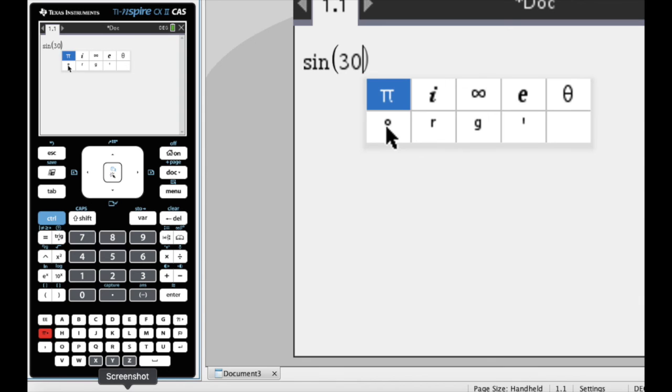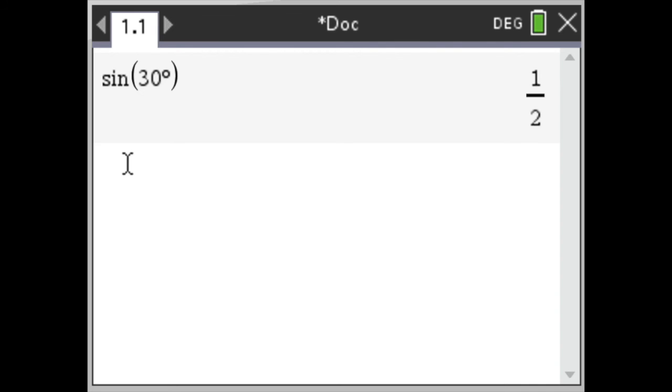Down the bottom left of your keypad you'll find a pi button, and if you press that pi button you can get pi, but there's also underneath the pi a degree symbol, a little circle there, and if you type that in you can force your calculator to figure out sine of 30 degrees even if it was in radian mode. So up the top there next to the battery I've got the DEG, so I didn't really need to do that, but even if it said RAD, as long as I put that degree symbol in, it would still find sine of 30 degrees and not 30 radians.